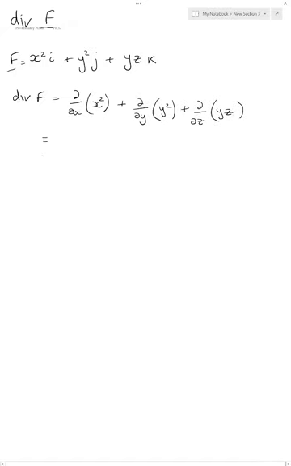And then we just literally do the partial differentiation. So we would get 2x plus 2y plus y. So our solution would be 2x plus 3y.